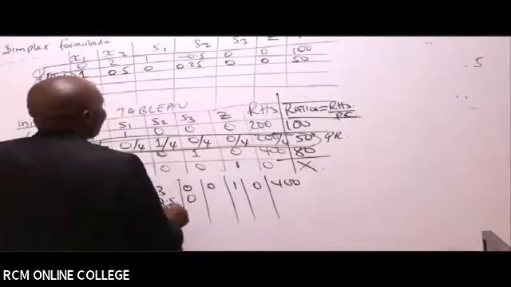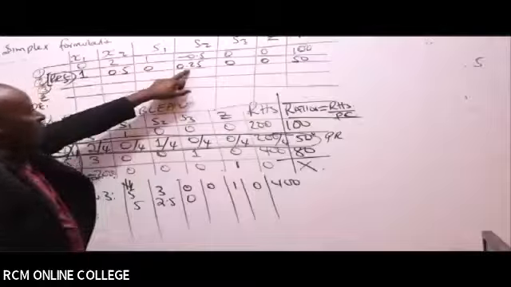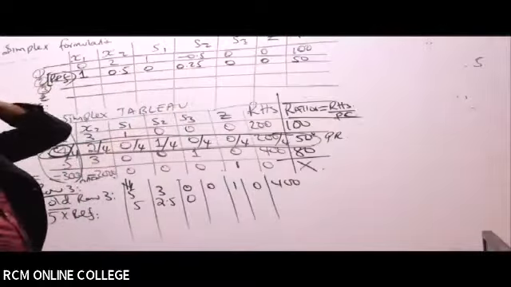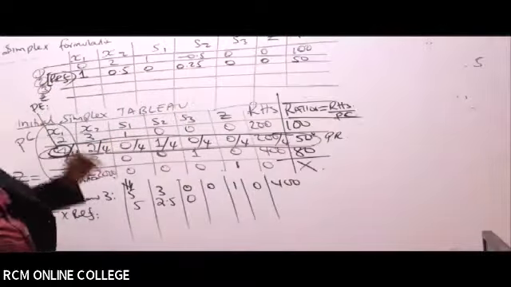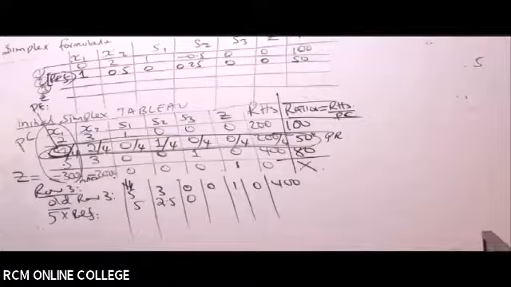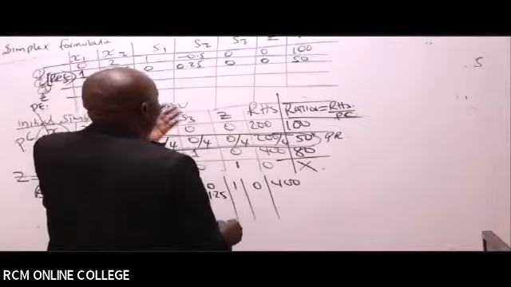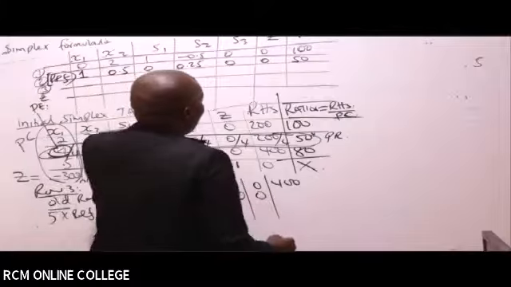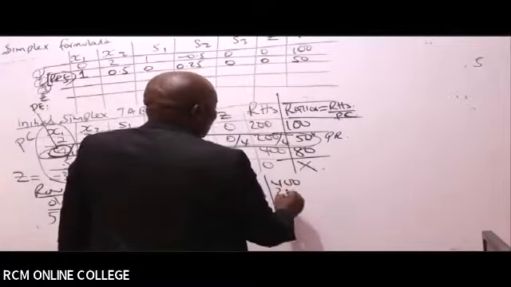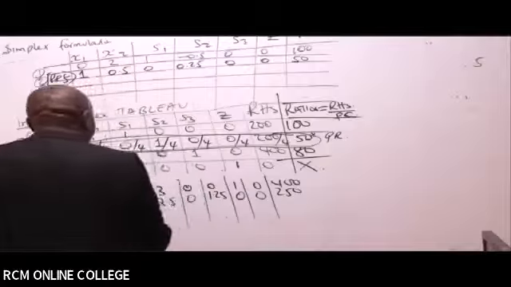This gives me 0. 5 times 0.25 gives me 1.25. Then we have 0, 0, and then 5 times 50 gives me 250.